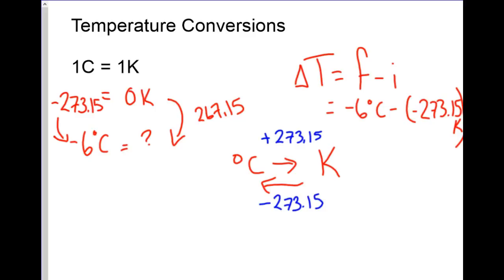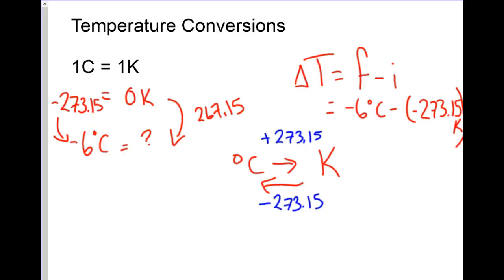The reason why that has to be in degrees Celsius is because the standards that we use for c are in joules per gram degrees Celsius. So you have to be consistent with your temperature units.